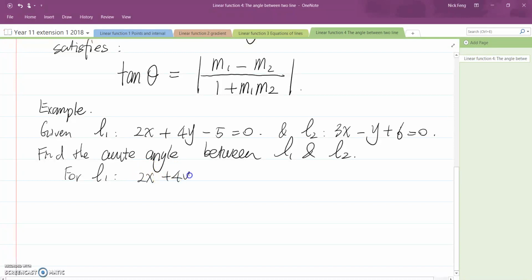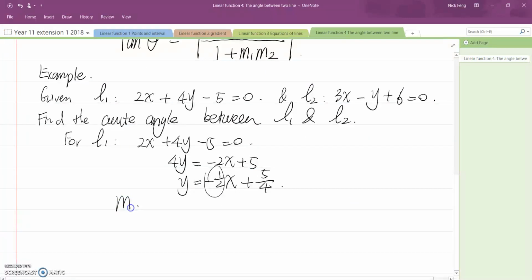2x plus 4y minus 5 equals 0. Keep y as positive on one side. That gives you 4y equals negative 2x plus 5, and y equals negative half x plus 5 over 4. So once you have got this done, you can see this is the gradient. So m1 equals negative a half.